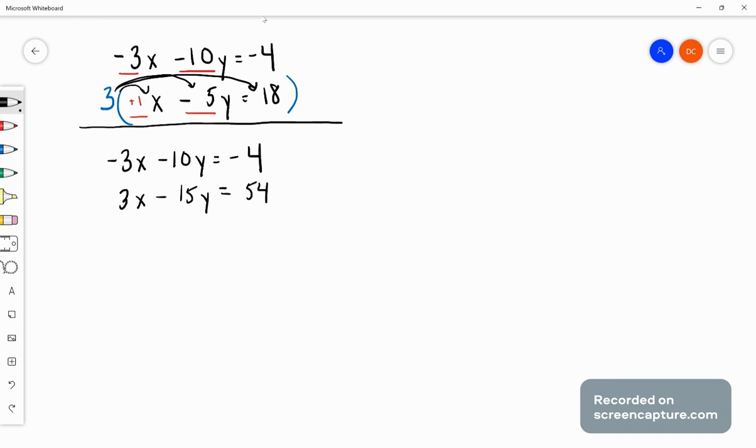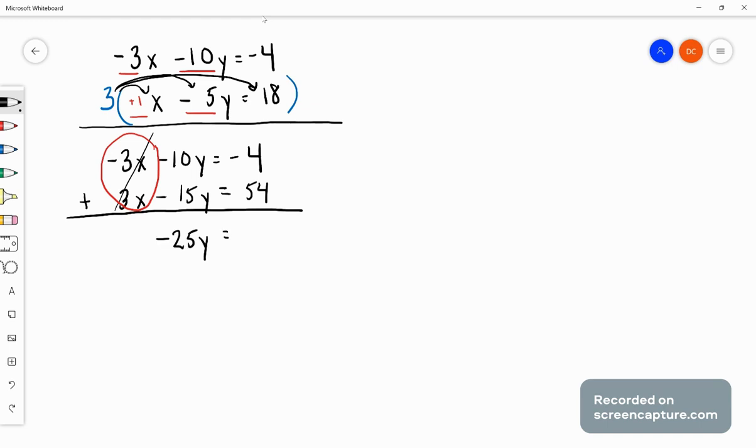Okay. Now I'm going to add these two equations because when I add these, these are going to eliminate. We're going to get rid of these. So negative 3x plus 3x, bye, you're gone. Now we have negative 10y plus a negative 15y, so that's going to be a negative 25y.